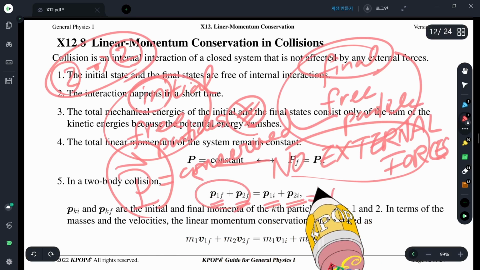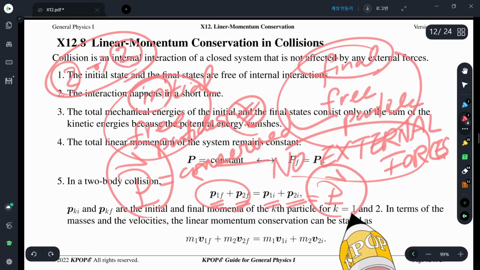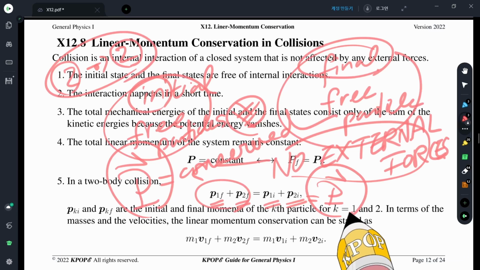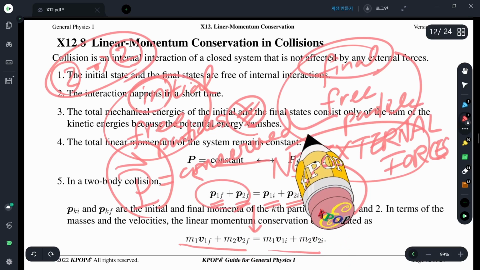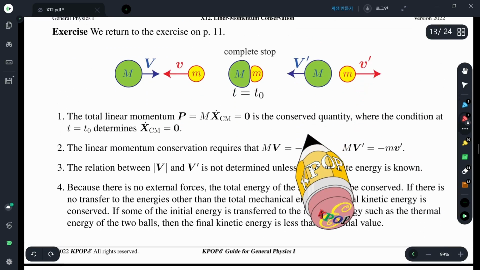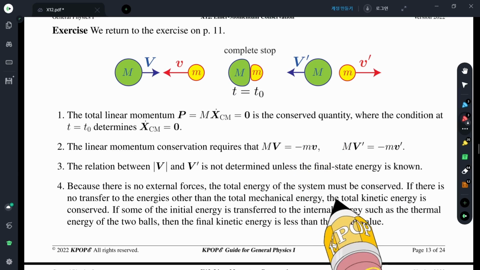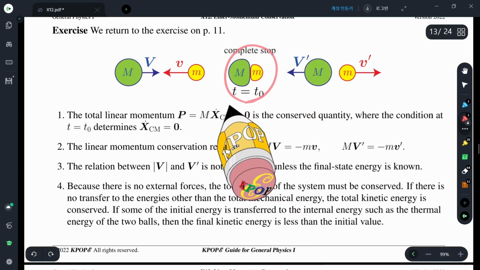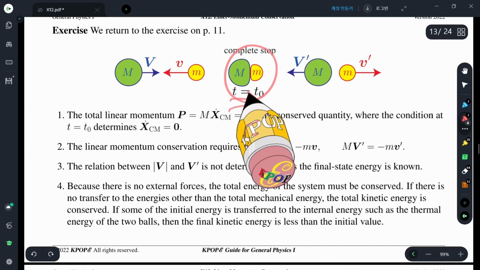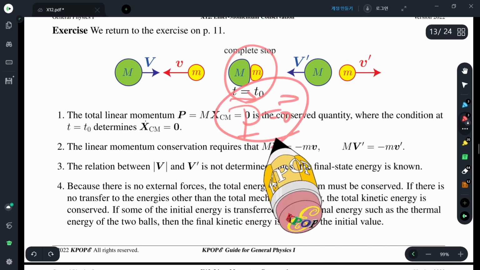That is the total linear momentum that must be conserved. In terms of mass and velocity, we can write this expression this way. As we have already considered, total linear momentum is 0 in this case.